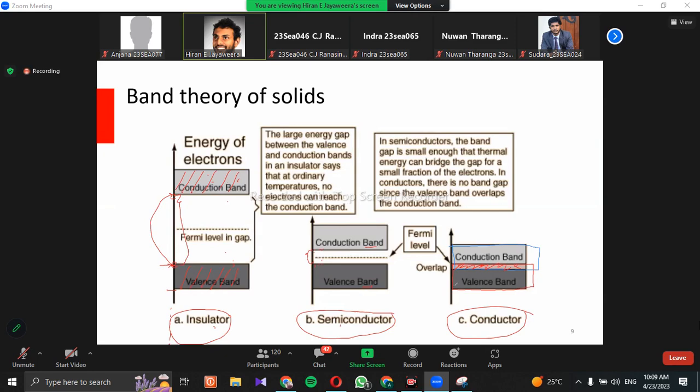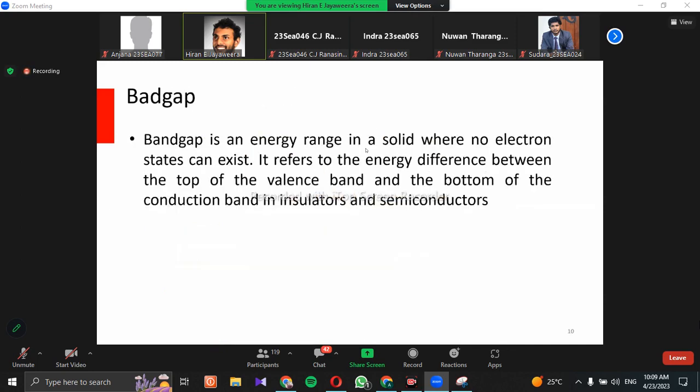So for conductors, we have a lot of free electrons available. For semiconductors, you don't have a lot of free electrons. And for insulators, you don't have any electrons in the conduction band. The higher the number of electrons in the conduction band, the more they can move here and there, so the resistivity is decreased. Right? So that's the same idea with a different representation.